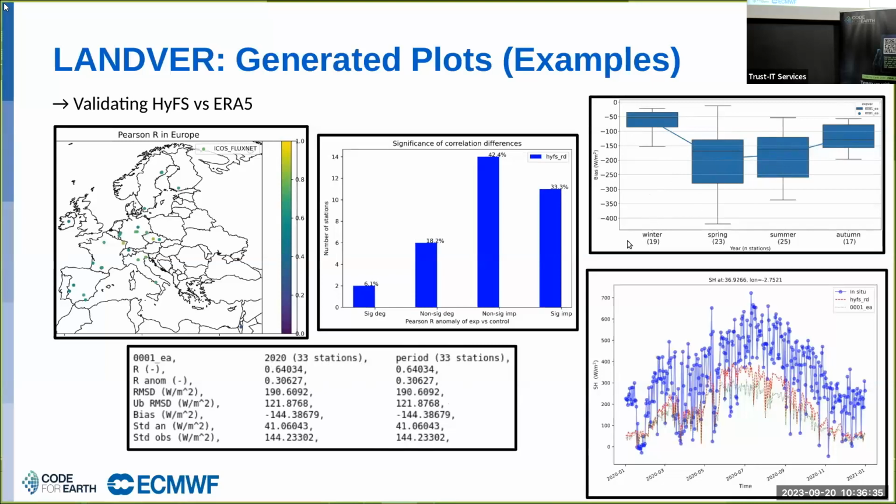And you can also see how many stations have been used per season. And there we can also see that during winter and autumn, fewer stations have been used, which is because of, most of the time, worse data quality of the eddy covariance stations during winter. And then you can see here also an example for such a time series plot, which helps to indicate if there's a good alignment of the seasonal cycle, for example.